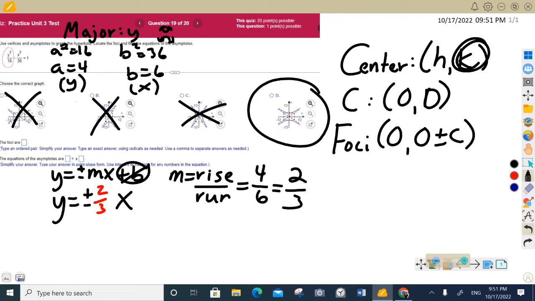Now, how do you find c? It's like the Pythagorean theorem: c squared equals a squared plus b squared. How can you remember that? The hyperbola has a minus in it, so the c squared equation has a plus.